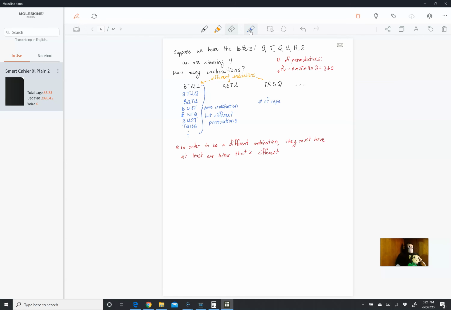We're saying the number of repetitive combinations for each permutation. In other words, this is the number of permutations that have the same letters.